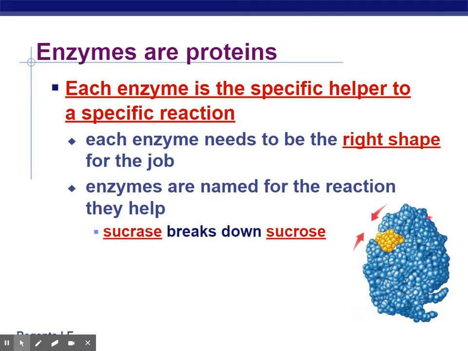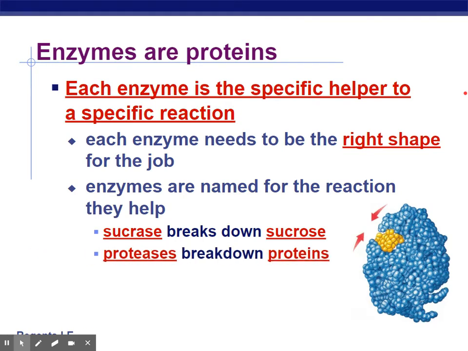And I just want to add in, I know your Amoeba Sisters video tells you this, but anything that ends with ASE is typically an enzyme. So you're going to want to make note of that somewhere in your brain or on paper. And anything that ends in OSE tends to be a sugar when we're looking at science words. So like glucose, sucrose, fructose, those are all different types of sugars.